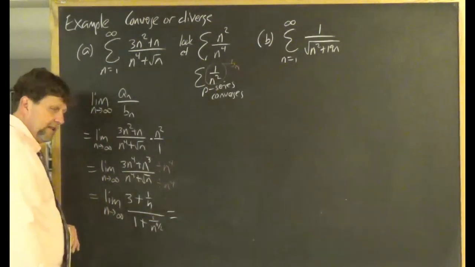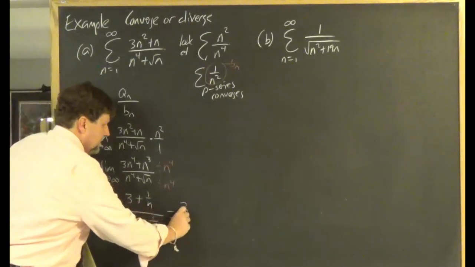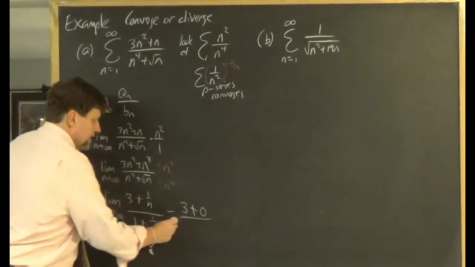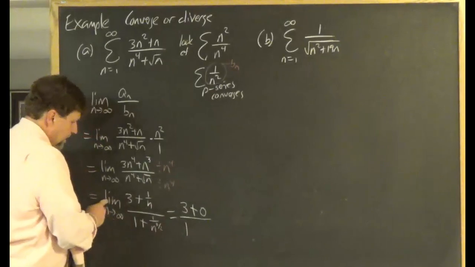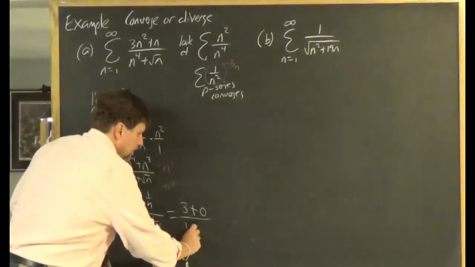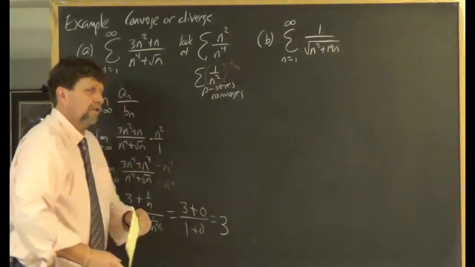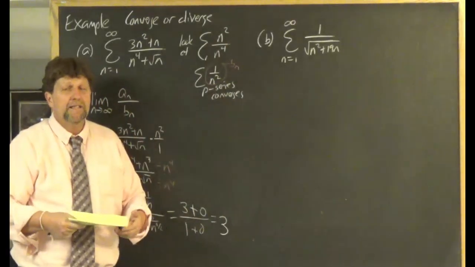The limit of 3 is 3. The limit of 1 over n is 0. The limit of 1 is 1. The limit of 1 over n to the 7/2 is 0. So this limit is 3. 3 is most definitely finite and positive.